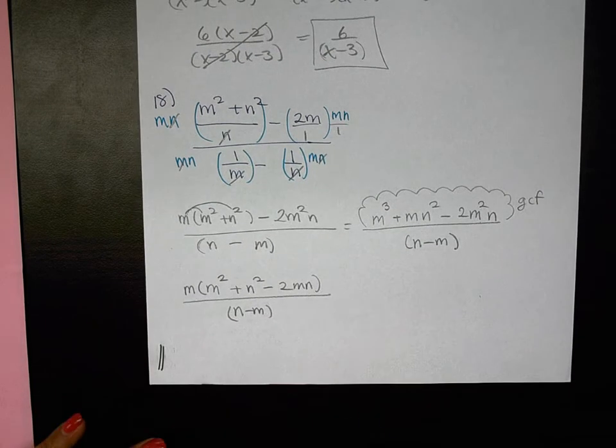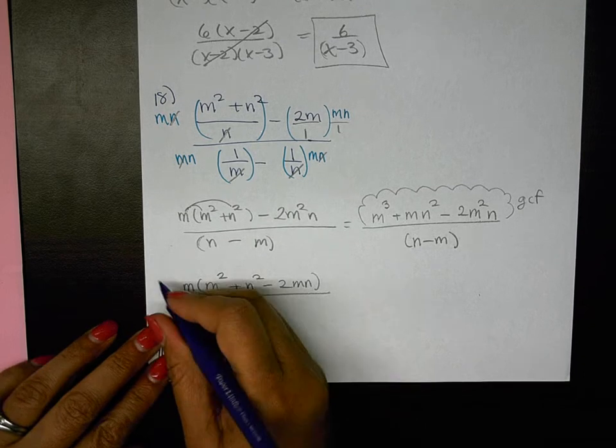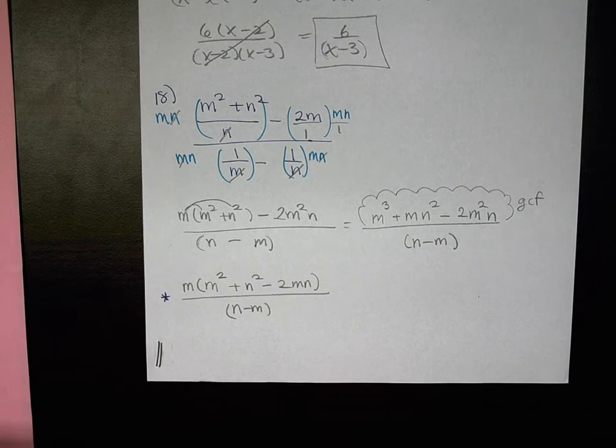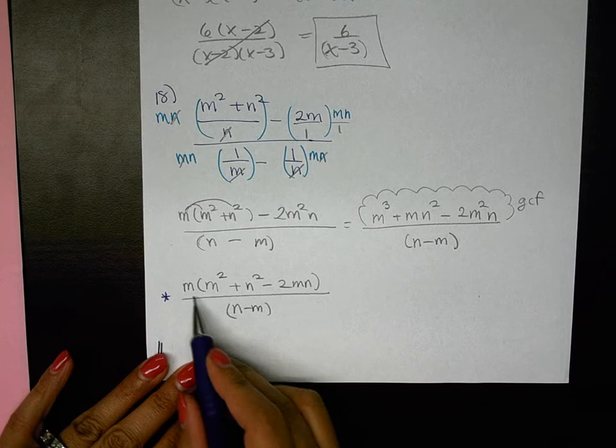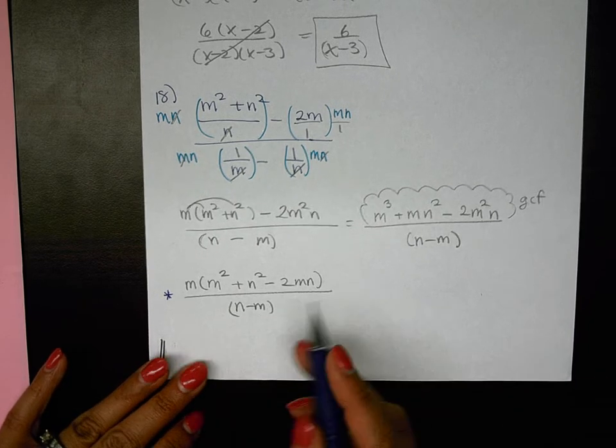All right, I'm going to put a star right at this point and tell you that this is another one of those higher level thinking problems. Those ones where you always have to ask yourself, can I still factor? What can I do? First off, I cannot reduce yet because nothing reduces. And here there's no like terms, but can I factor?